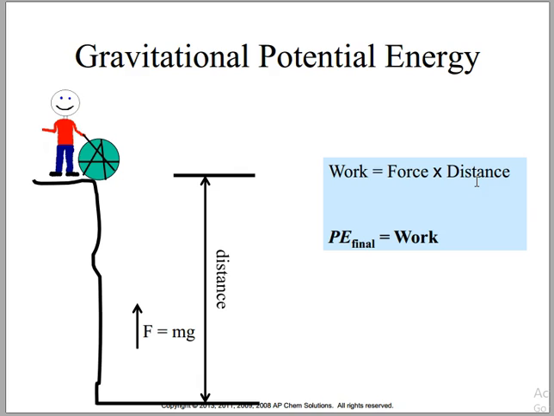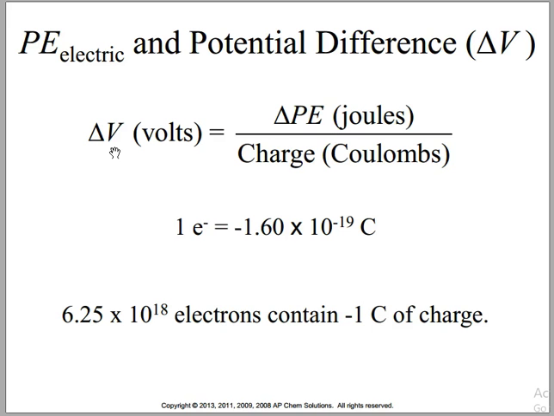Now, the total work that has been done is now the potential energy of that ball. This ball has potential energy. It has the potential to be kinetic, the potential to move down due to its position in respect to gravity.